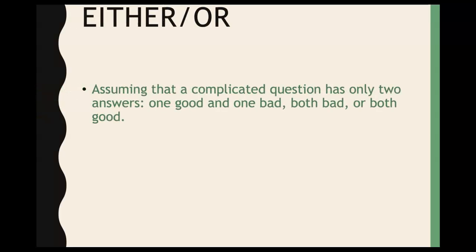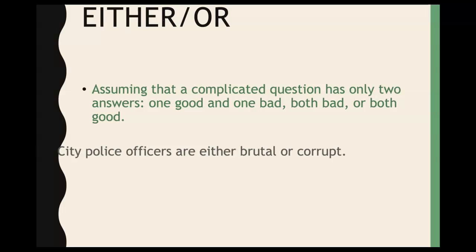Then there's something called an either or fallacy, and this one is really interesting because of the ways you will see it implemented. So this is assuming that a complicated question has only two answers. It's one good, one bad, or both good, which most things obviously are not that simple.